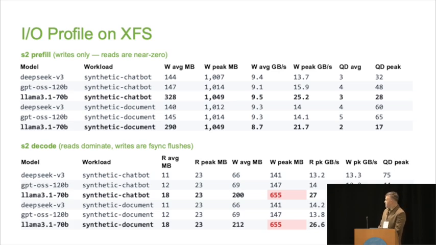So it's close to 1,000 times larger than the size the University of Amsterdam investigated. For the decode phase, you can see that the average read block size was about several megabytes, and the peak read size was about 23 megabytes.